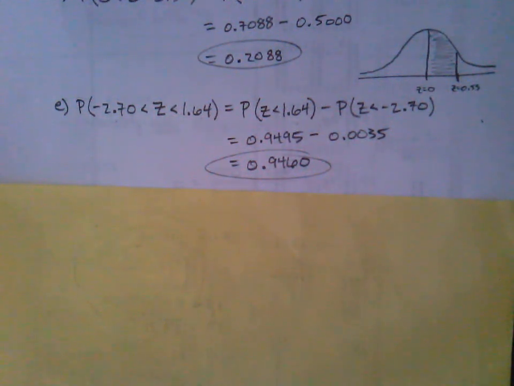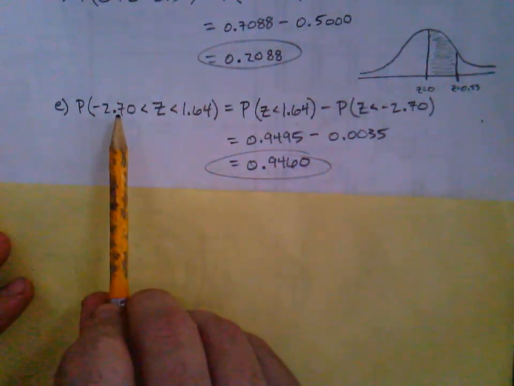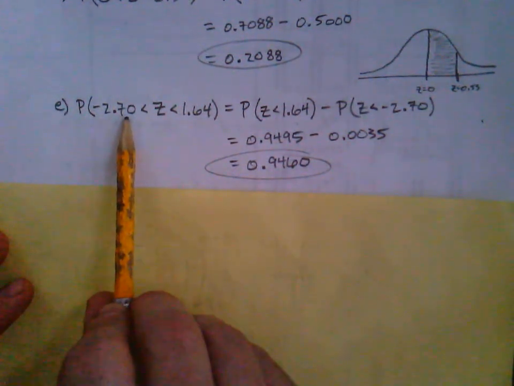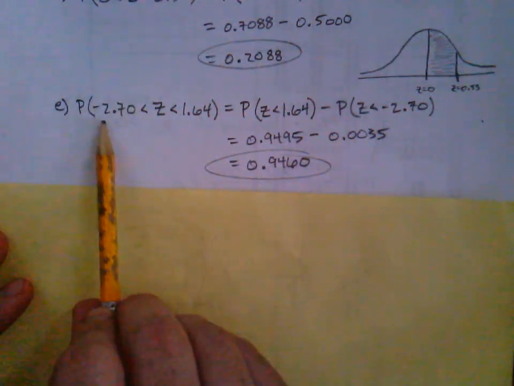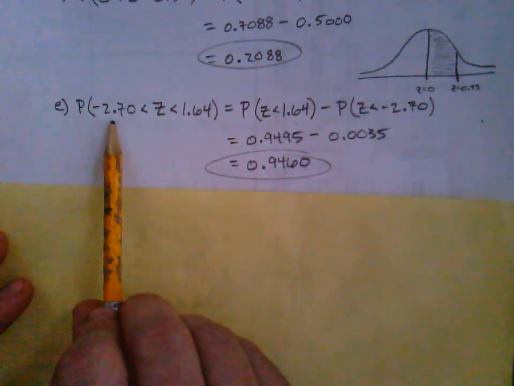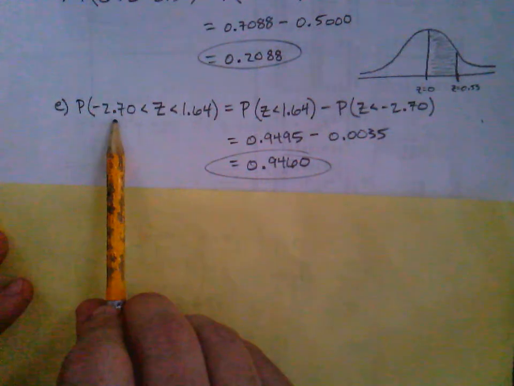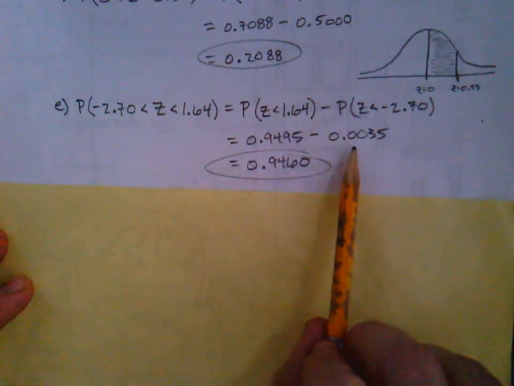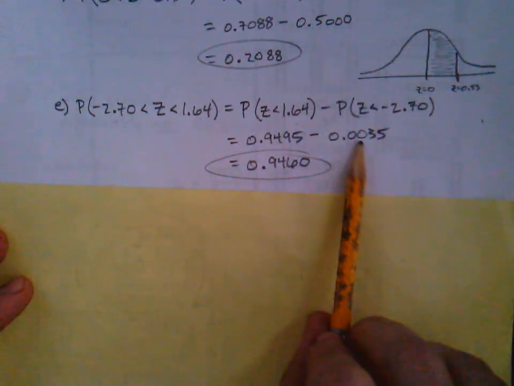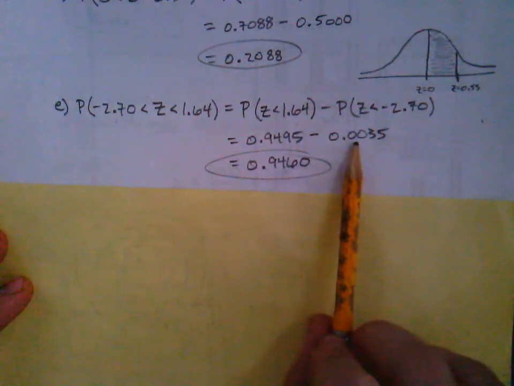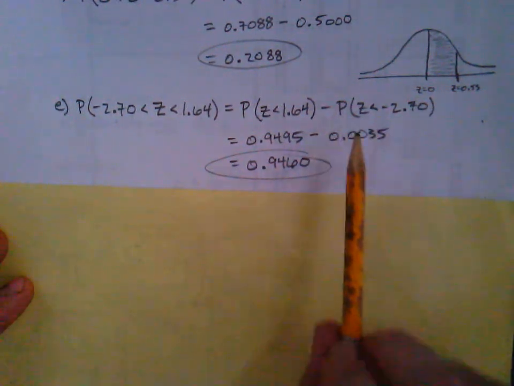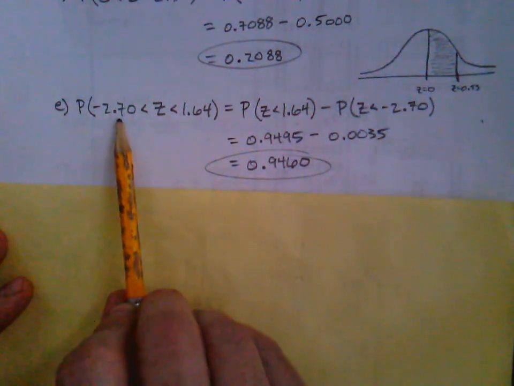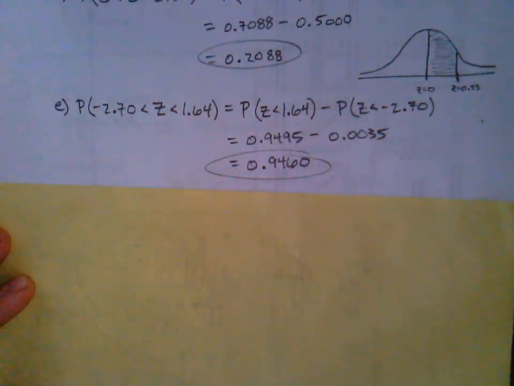You also notice, maybe you saw it already. Look at the probability for negative 2.70. Like, that doesn't seem like that extreme of a z-score, right? Okay, you're 2.70 standard deviations to the left. But look at the probability of that happening. 0.003, not even a percent make it to negative 2.7 z-score.